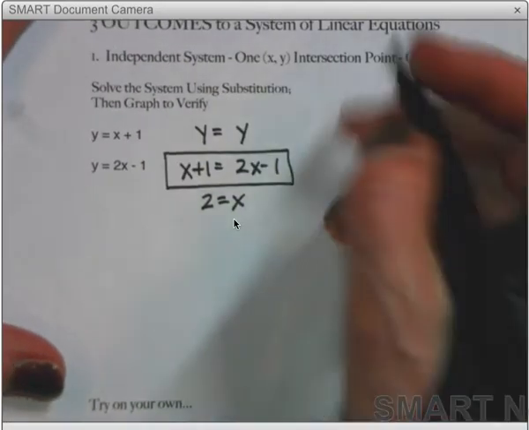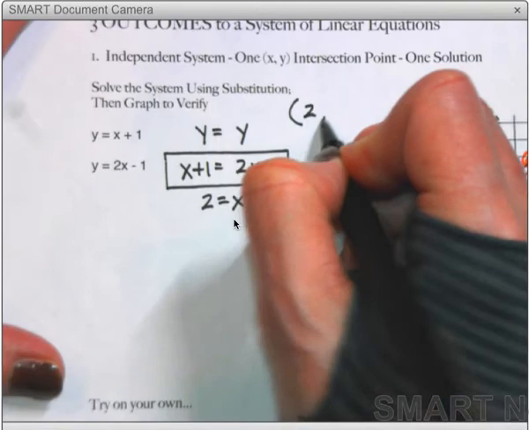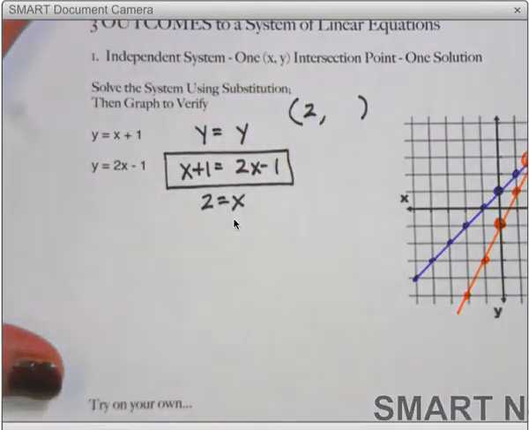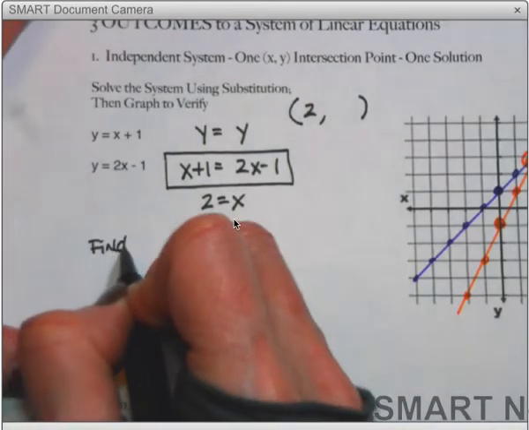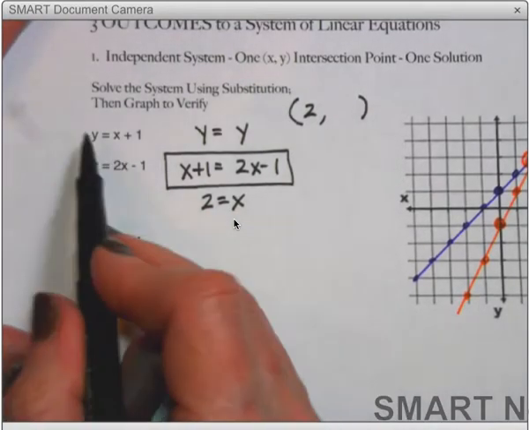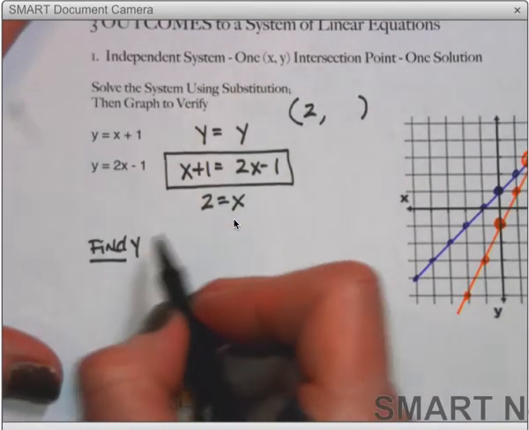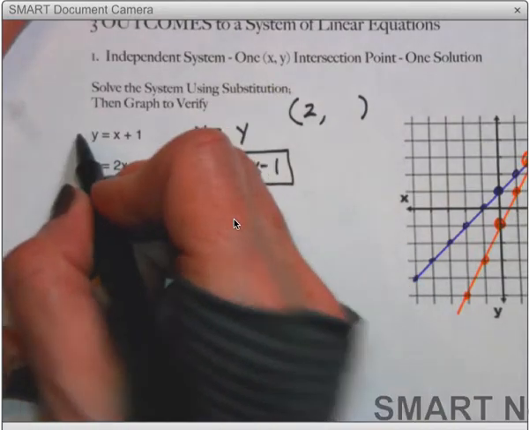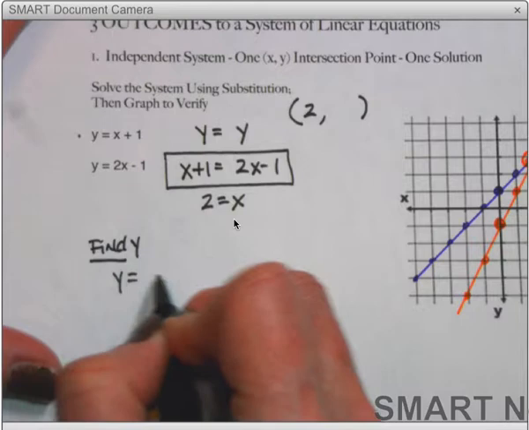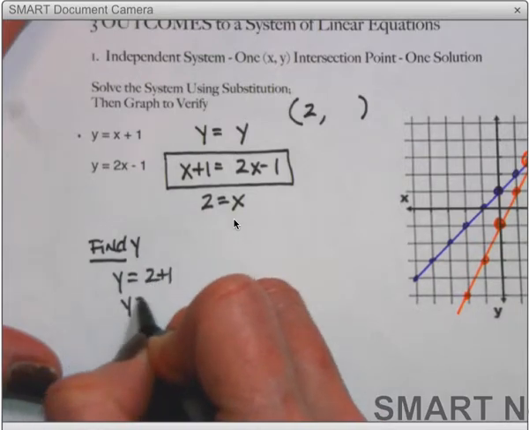So I know that x is 2, so in my ordered pair I've got one of my solutions, and my job is to now find the value of y. I would go back to either original equation and let x take on the value of 2. If I go back to the first equation, y equals 2 plus 1, therefore y is 3.